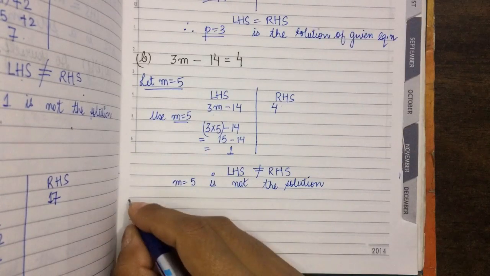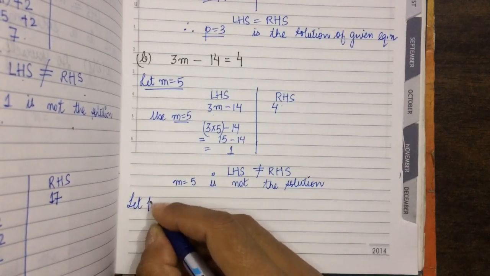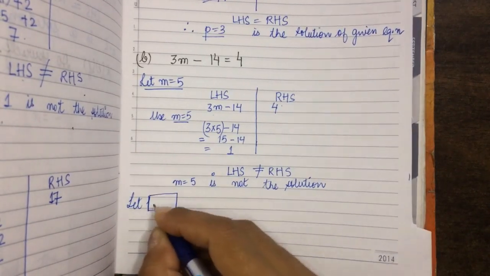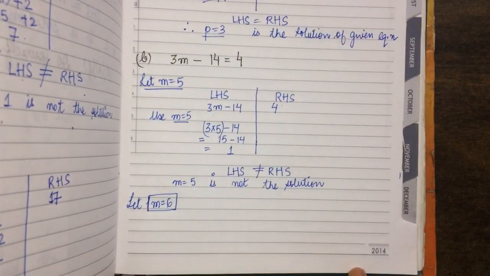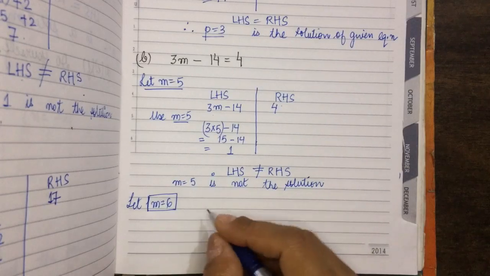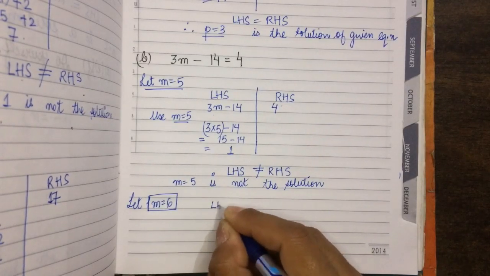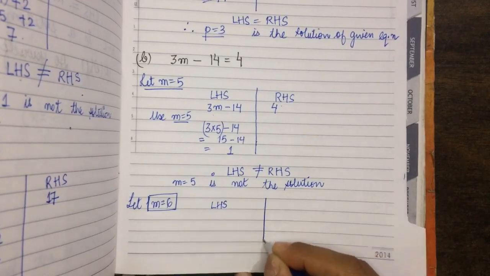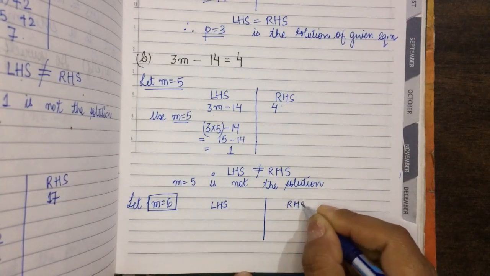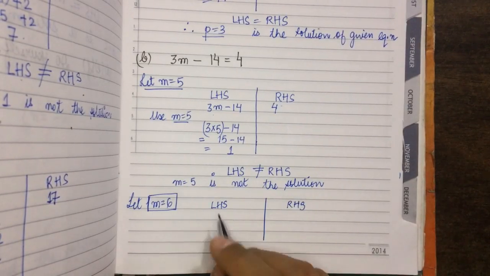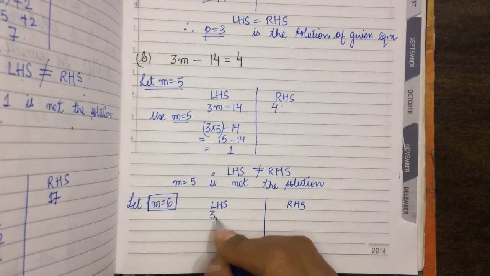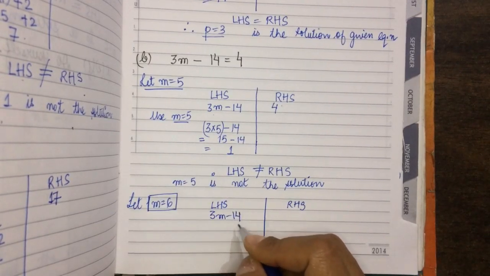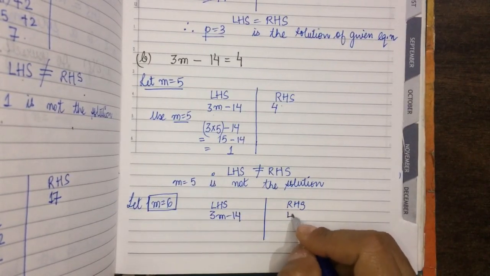Now I'm going to try with 6. Let's solve. I have to check whether this is correct or not. I will do that by separating the two sides. LHS is 3m minus 14. RHS is 4.